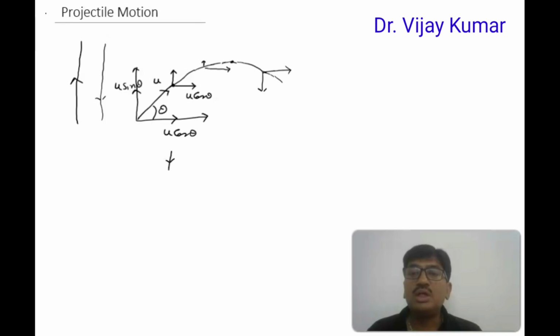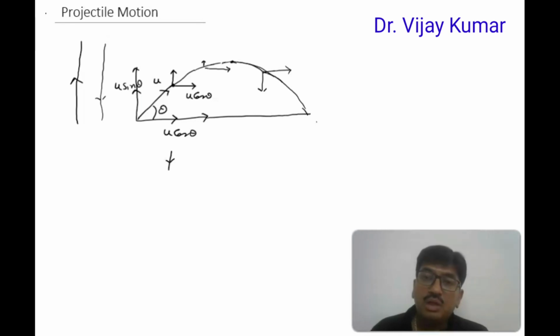However, the horizontal component remains the same. So now the path of the particle becomes like this, and this path is known as the projectile path, a parabolic path.